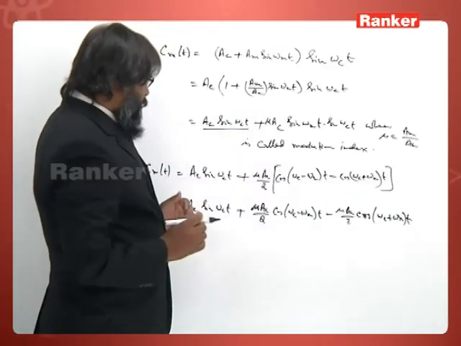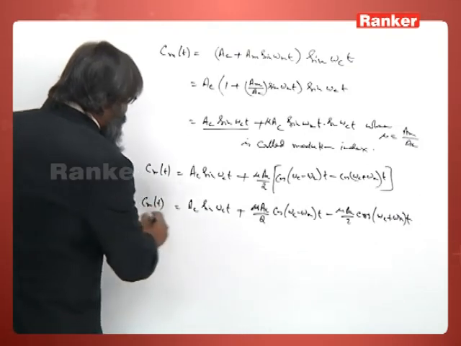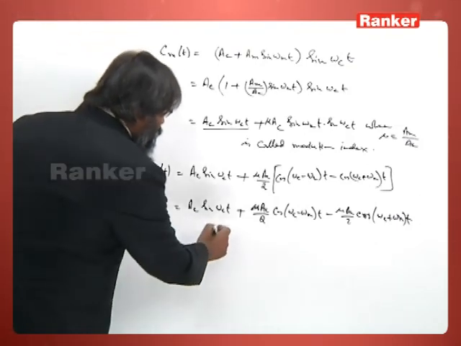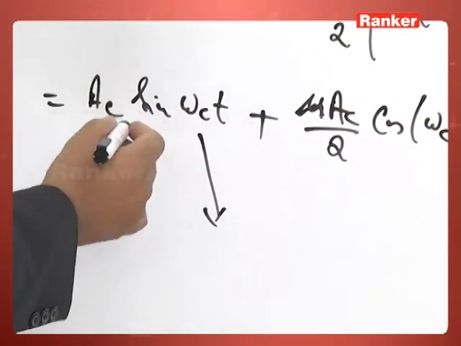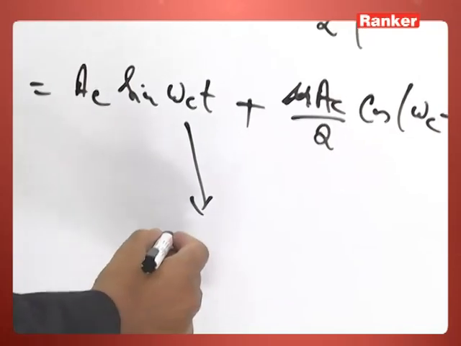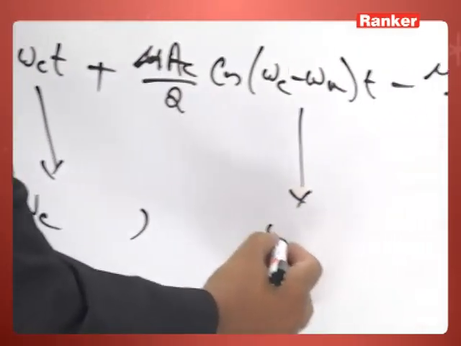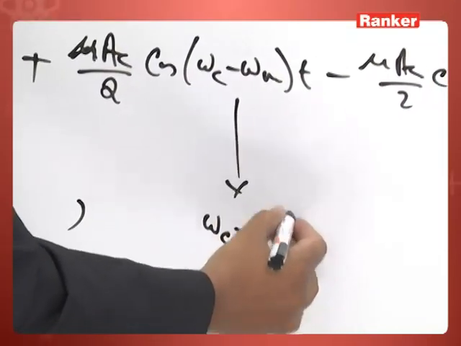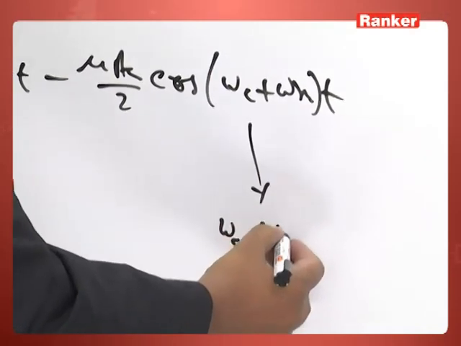Now what we see is that the modulated carrier wave has three oscillating terms, one with frequency ω_C, another with ω_C minus ω_M and another with ω_C plus ω_M.